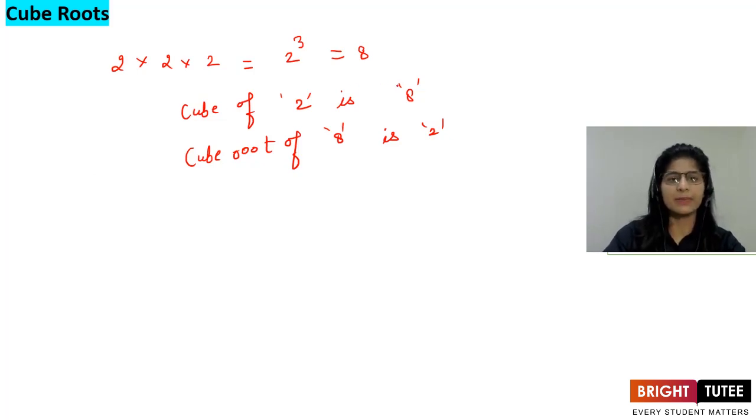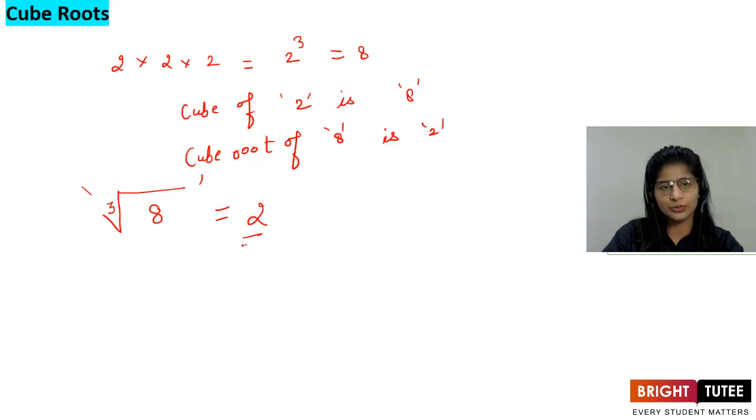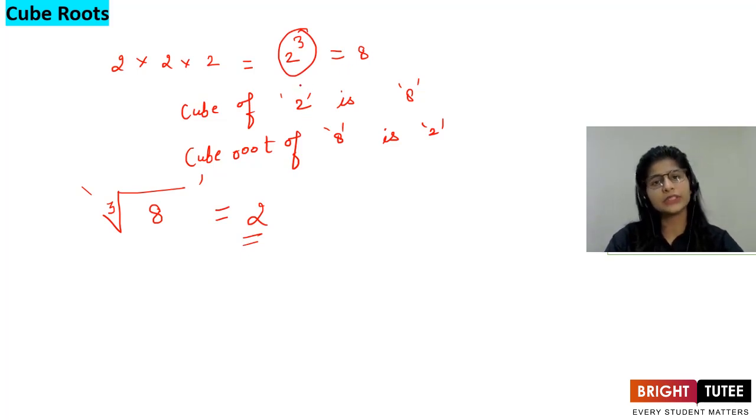Now what is the representation of it? The representation is this sign. We write 3 here. Right, so this is the symbol that we are going to use for cube root. And suppose I have to write cube root of 8, I'll write 8 inside. It will be equal to 2, because in the cube root of that number, it will come only once, and in the cube of it, it will come 3 times.